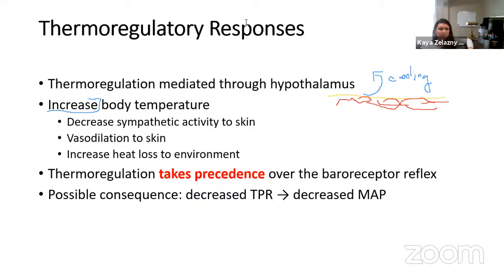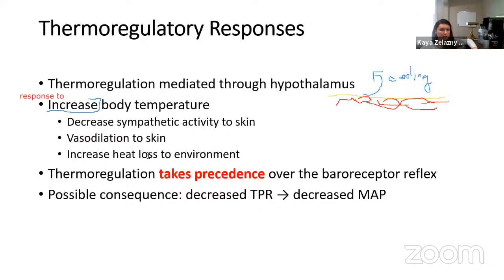I'll write that on here. So if we are responding to an increase in body temperature, we're going to decrease sympathetic activity to the skin, causing vasodilation, increasing heat loss to the environment. So that's all for regulating your body temperature.